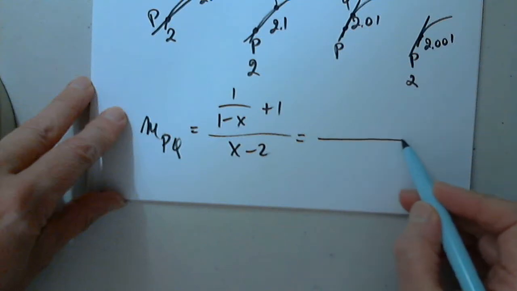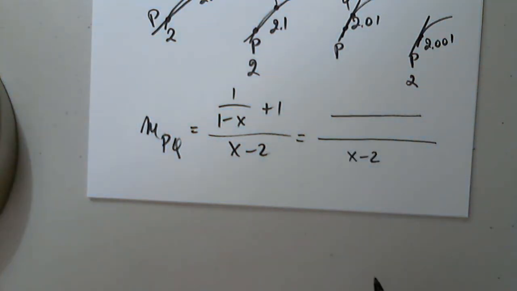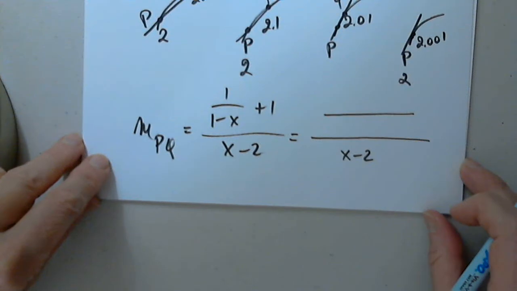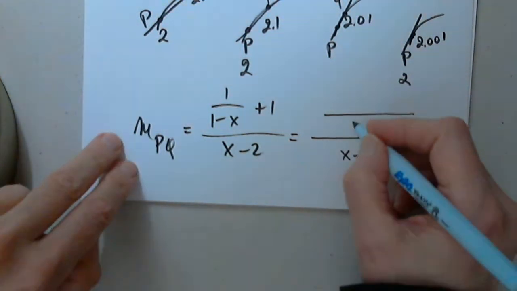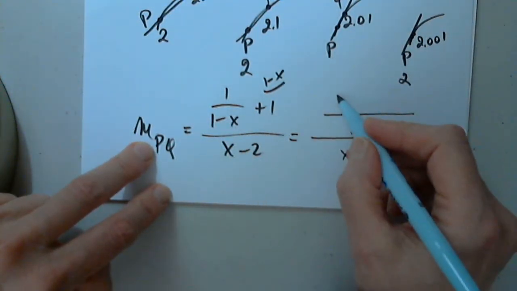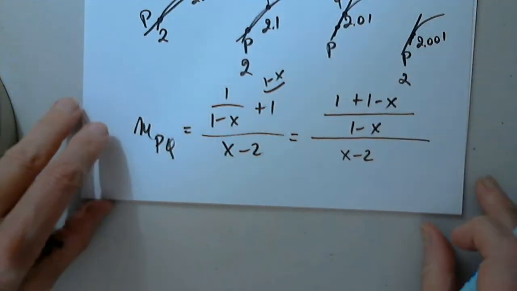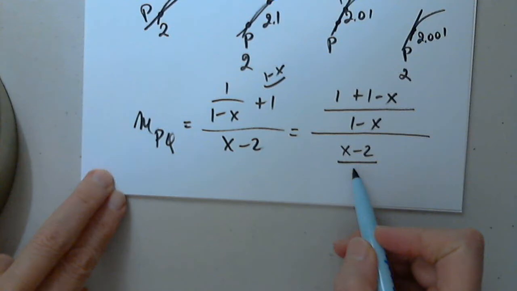Can anyone give us the least common denominator in the numerator? 1 minus x. Thank you very much. So then this one needs a 1 minus x, so the numerator is 1 plus 1 minus x. We agree with that? And this is x minus 2 over 1.